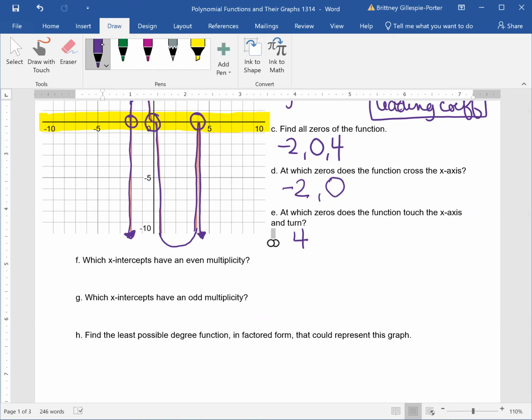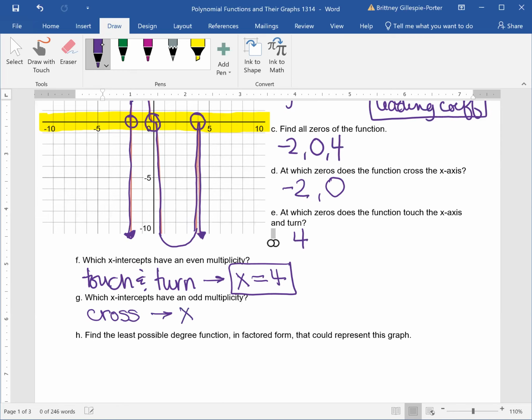Remember, even multiplicity means that we touch and turn, which means that x equal to 4 has even multiplicity. The x-intercepts that have an odd multiplicity are where we cross, which means that at x equal to -2 and x equal to 0, we have odd multiplicity.